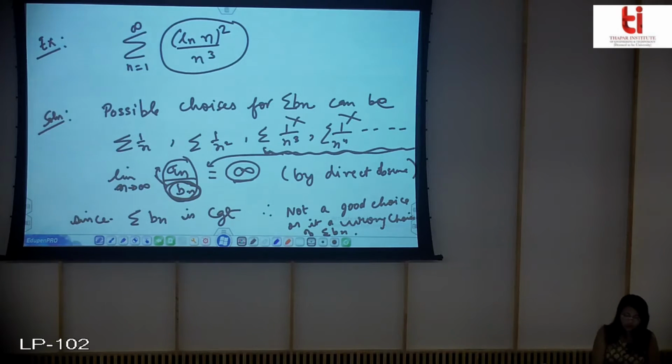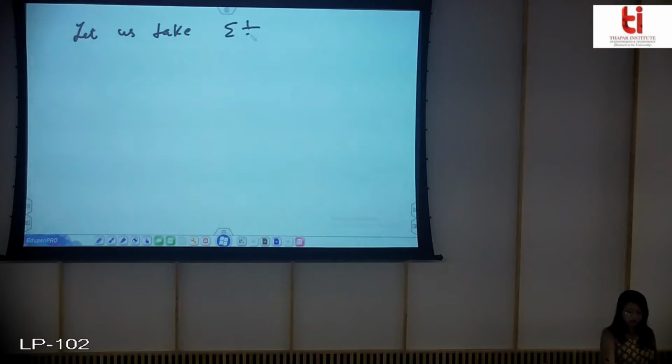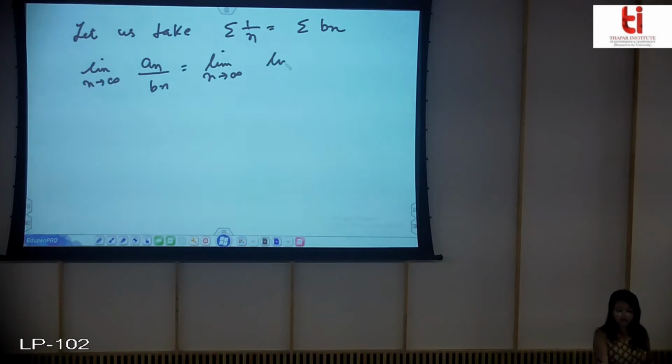So let's see what about these two. If I take summation of n as summation of Bn, and now if you find out the limit, you will see this comes out to be 0.